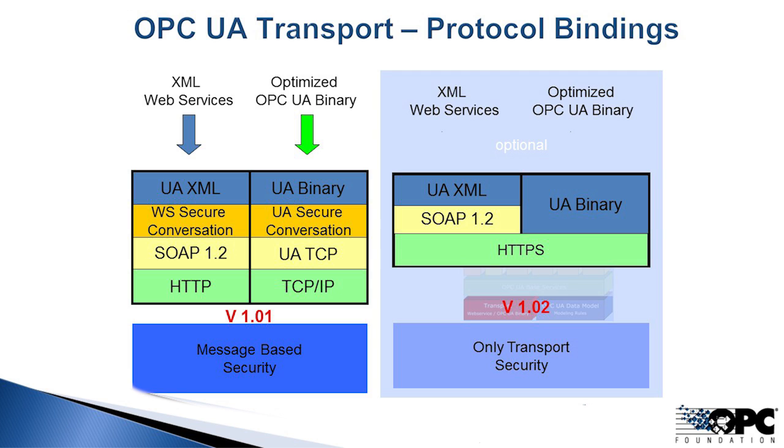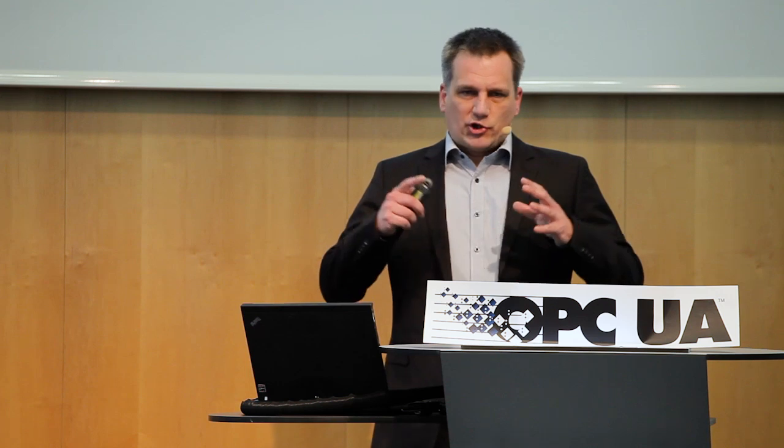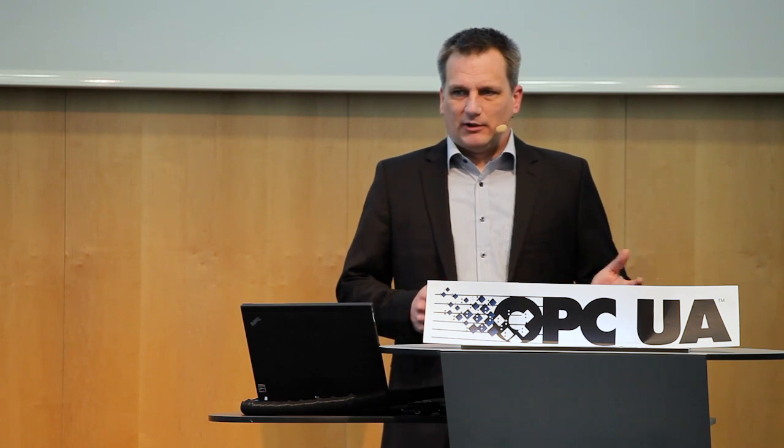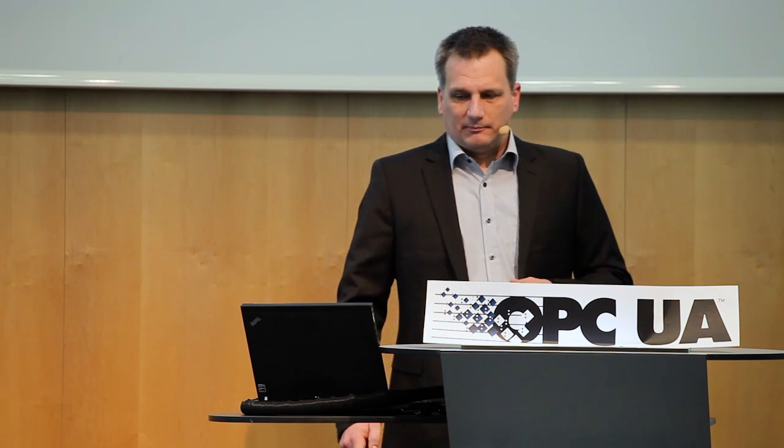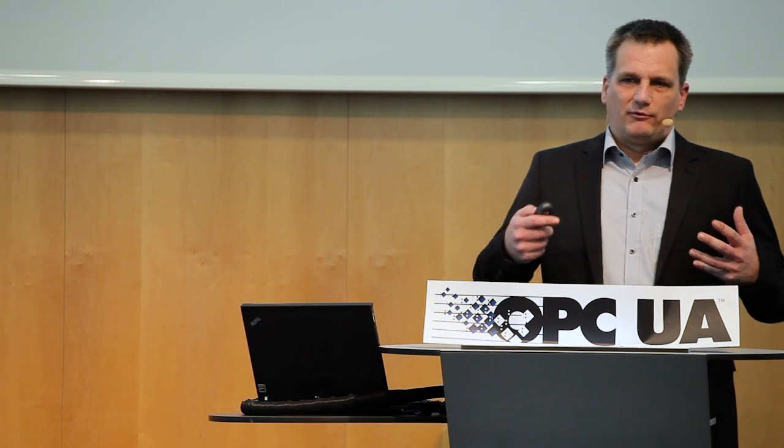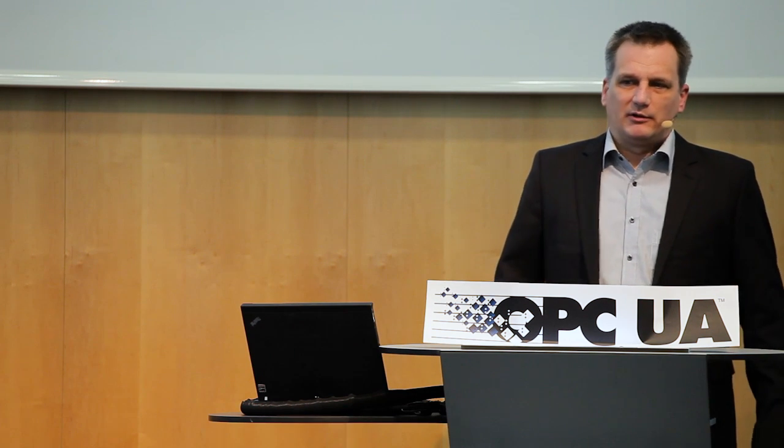So we can add more protocol bindings over time, and we do actually, I will show you later. And this is not changing anything in the rest of OPC. It's just the way how to transport the data. And this also gives you very much flexibility in this technology.